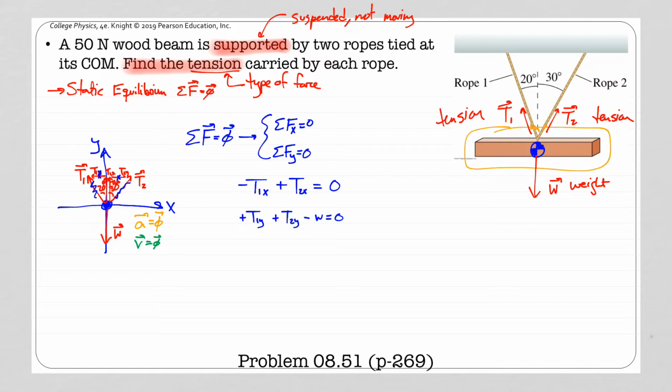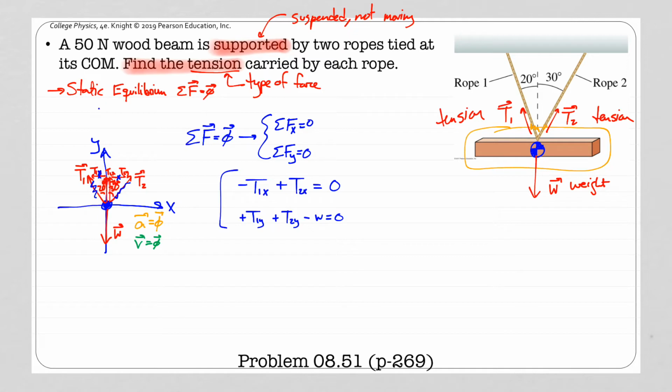Our next step is to break these up into terms of the magnitude and direction. Right now I've got 4 different unknown values, but I really don't. T1x and T1y aren't just two random values, but rather they are the two components of the same T1 vector. So my T1x is opposite that 20-degree angle.